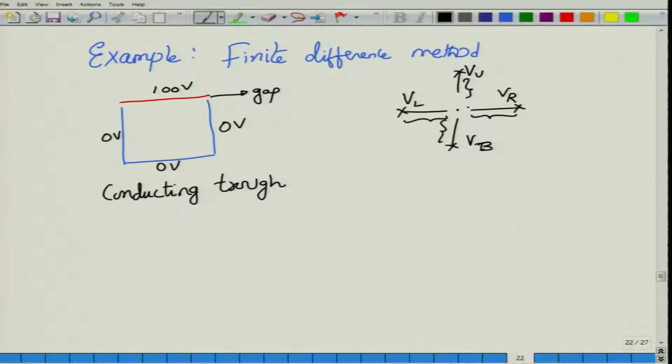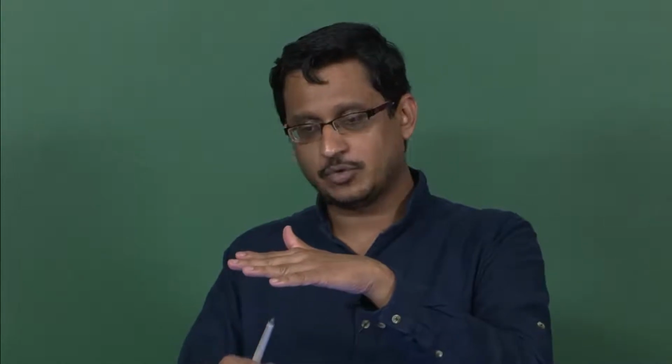So here is an example, which is a conducting trough. We have already looked at the analytical solution of this one in the form of a strip line with a finite strip that we had kept. It was two parallel plates that we had kept, and then we had shorted the two plates by an appropriate conducting strip, and then we had calculated the corresponding equipotential contours as well as the electric field.